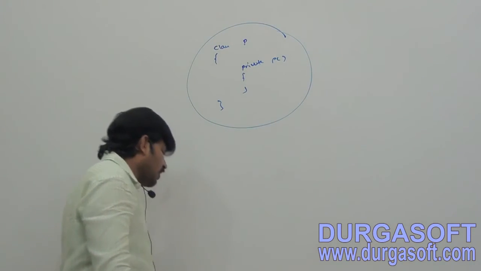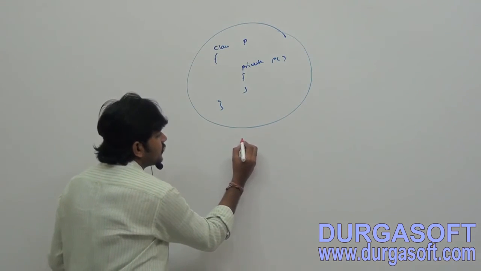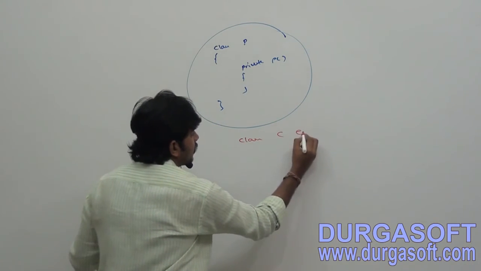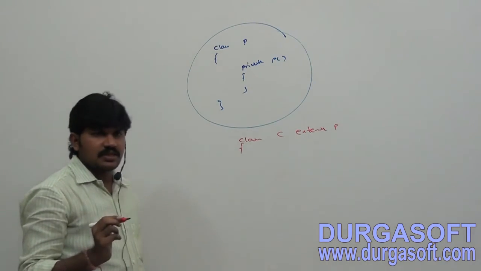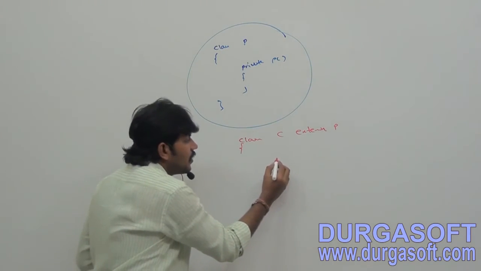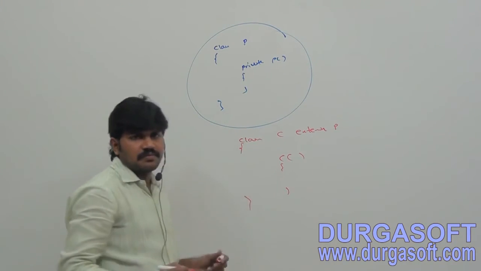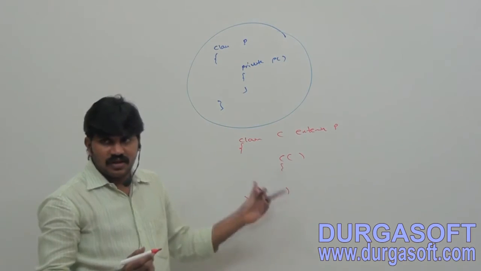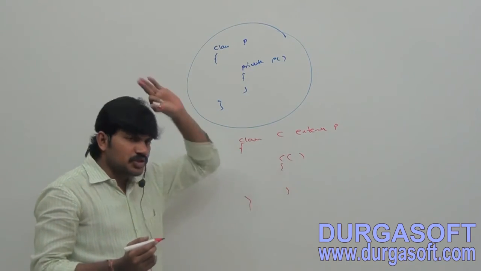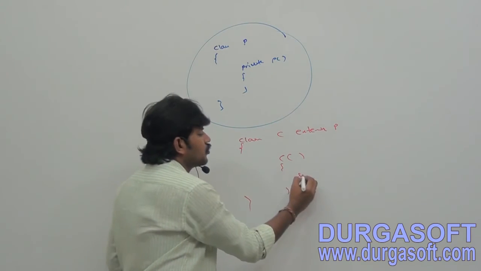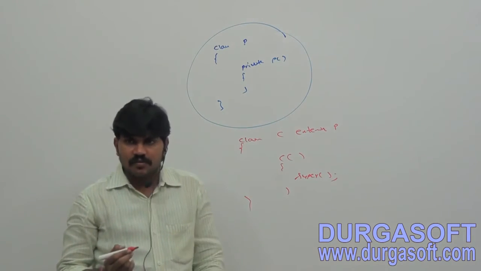Now, simple, observe this. I am taking class C extends P. In the child class, a constructor will compulsorily be there; if you are not writing it, the compiler will generate it. Somewhere a super keyword must be there; if you are not writing it, the compiler will place it.